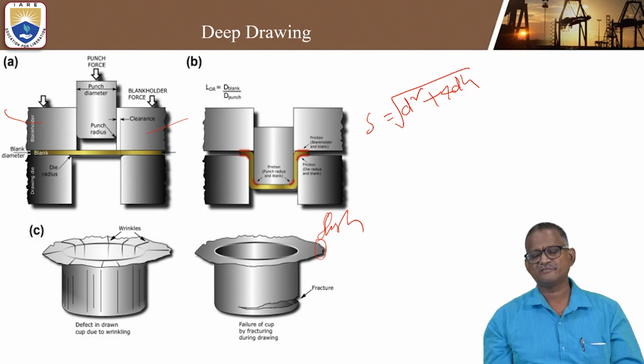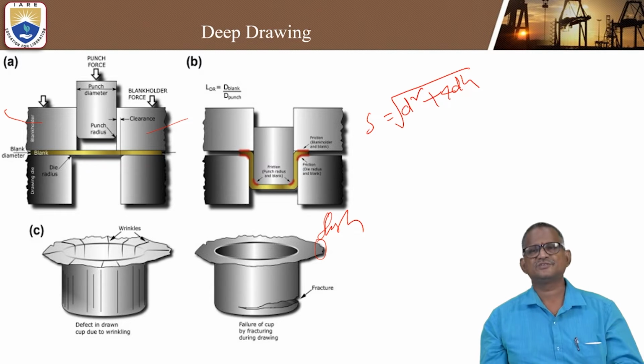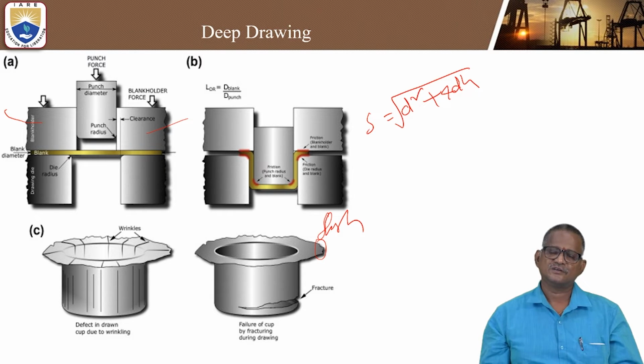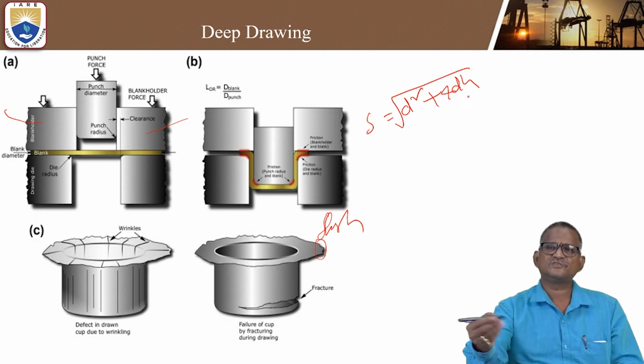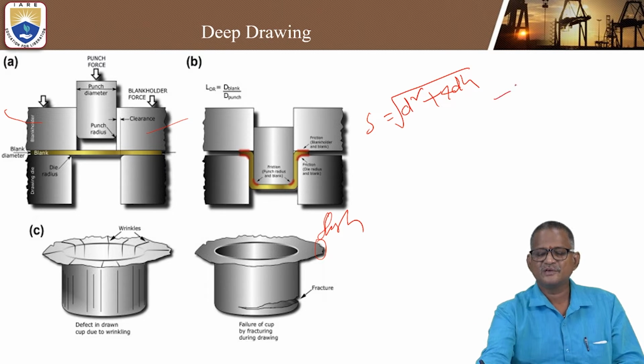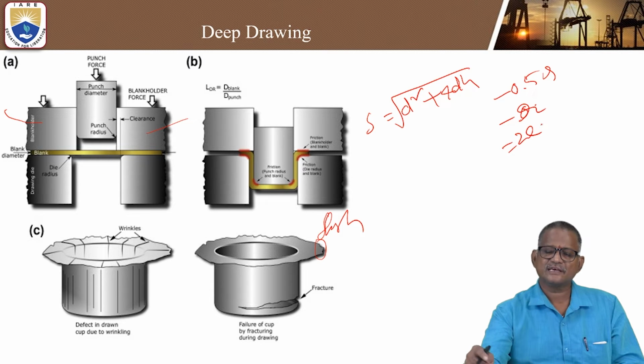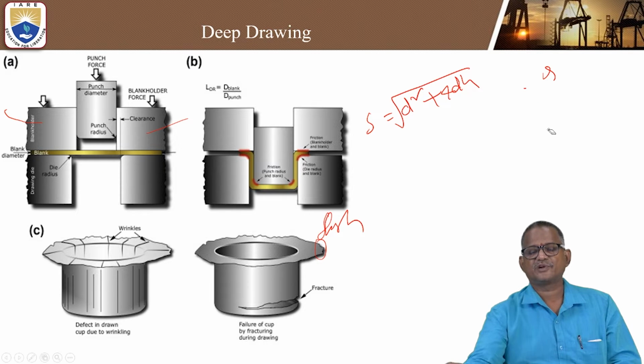With this formula, the ratio should be in between 10 to 15, and you should follow this. Less than that you can do, and if it is increased to more than 15, more than 20, you can deduct from some 0.5r and minus 2r. Like that, some variation will also occur in the deep drawing process.